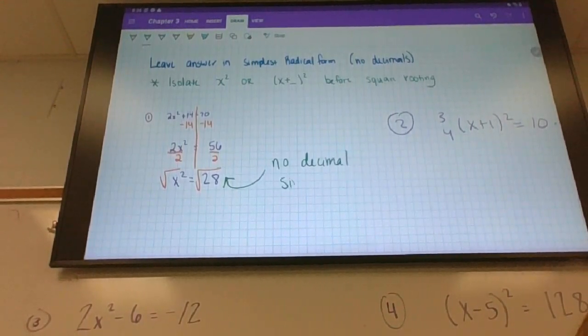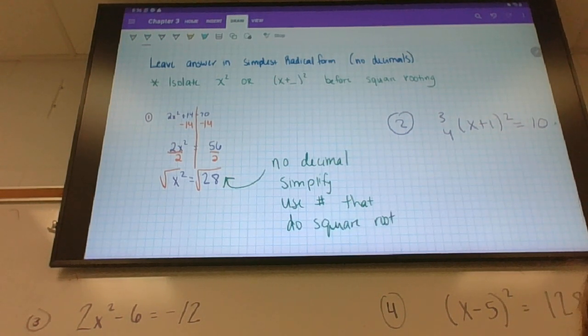So we just need to simplify. And you use numbers that have a square root. So when I think of the number 28, I think of 2 times 14. But not really. Who thinks of 2 and 14? Nobody. I think of 4 times 7. So I'm going to rewrite this as plus or minus the square root of 4 times 7.